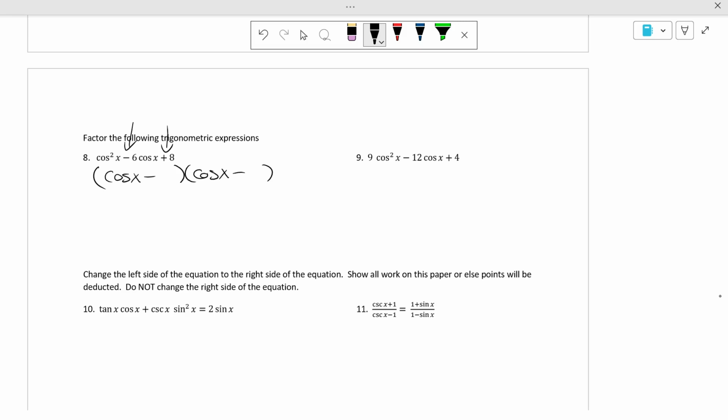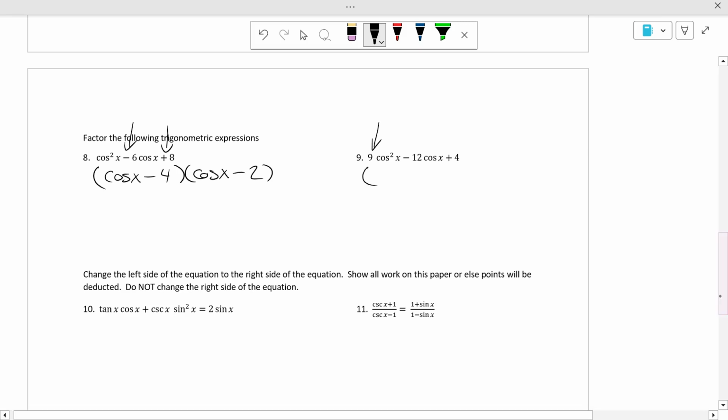What are factors of 8 that add up to 6? What did you get, Will? Huh? Oh, I'm supposed to be paying attention? Negative 4 and negative 2 add up to negative 6, multiply to 8.